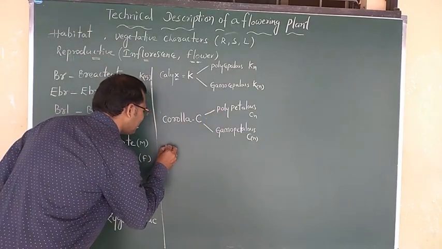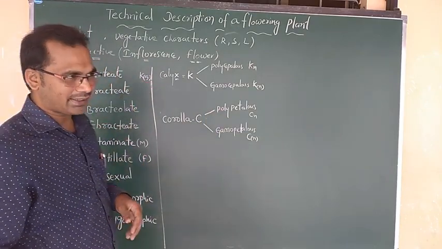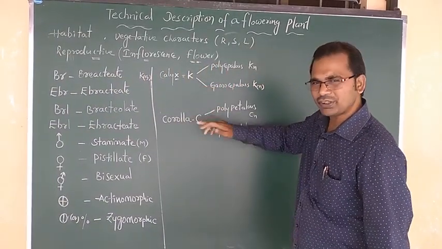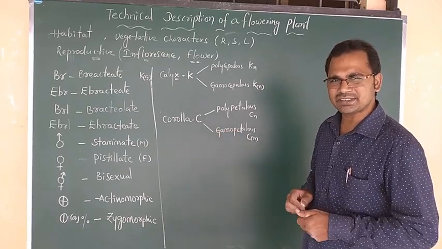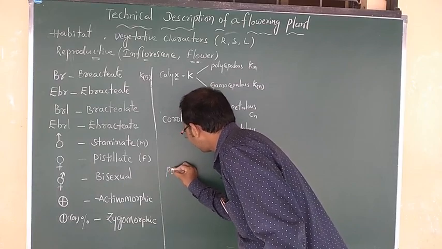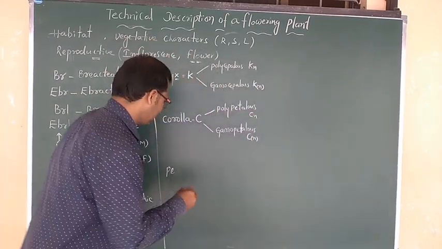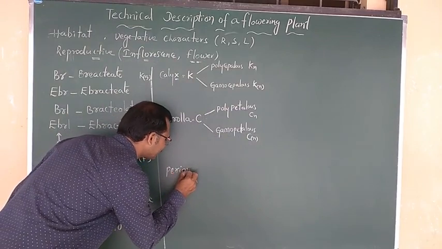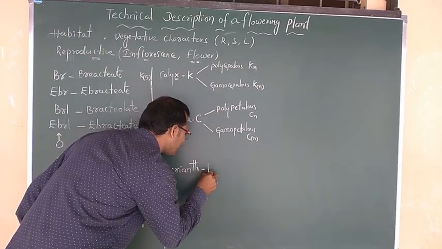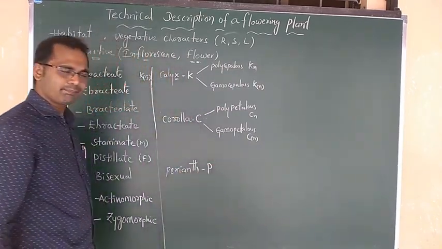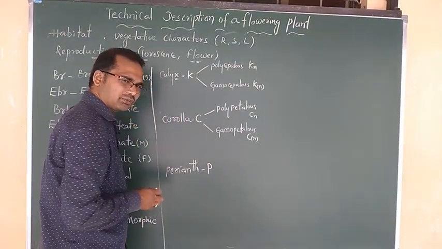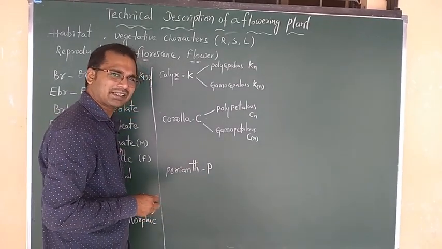Next, another one. In some flowers there is no distinct calyx and corolla. Example, see water lily. In the water lily, calyx and corolla we can't differentiate. Both whorls are merged. What do you call that one? That is called perianth. Perianth is indicated by symbol P. It is made up of members we call tepals.